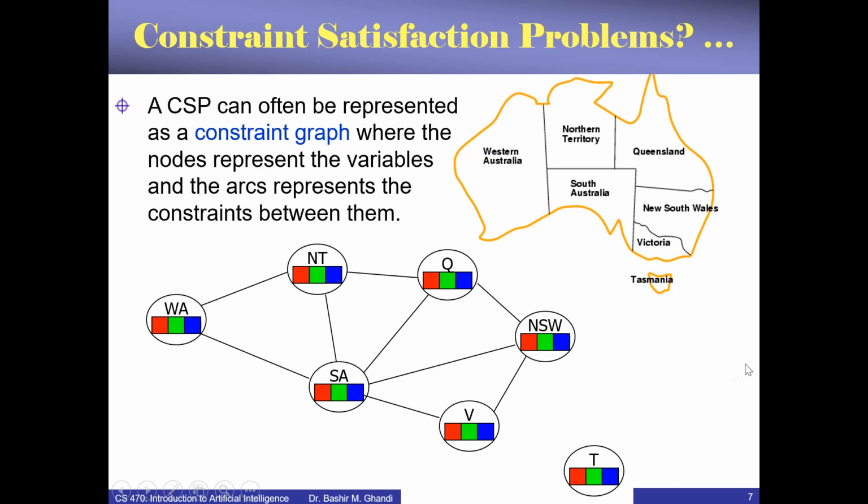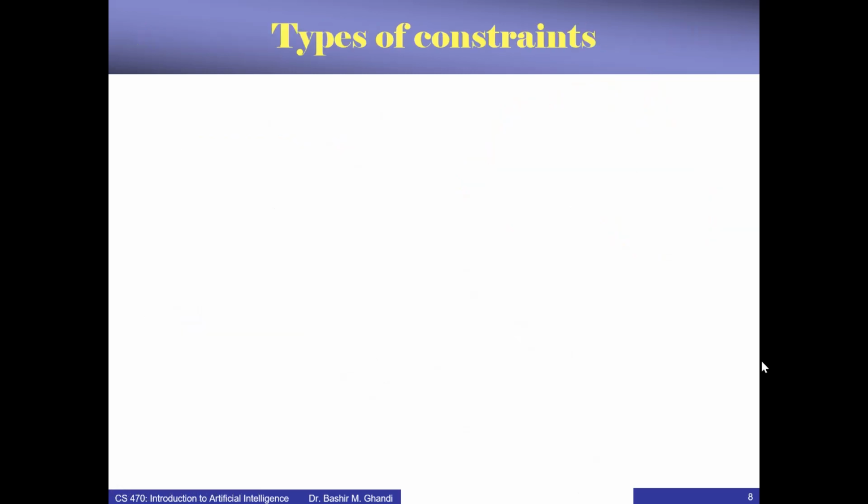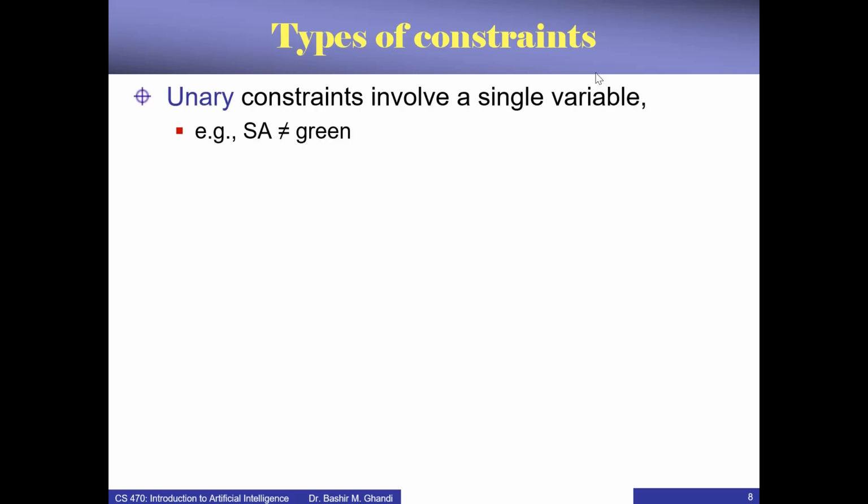Now, before we start looking at how to solve constraint satisfaction problems, let us explore the types of constraints, because there are actually different possible types of constraints that you can have in a CSP. The first and simplest one is called a unary constraint.